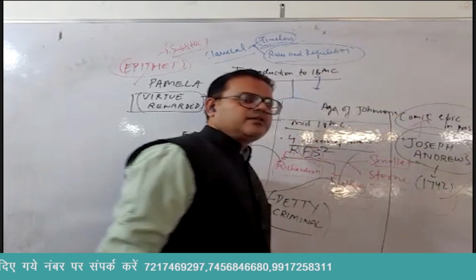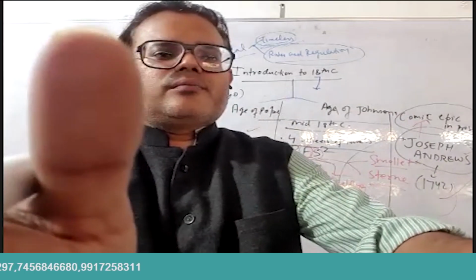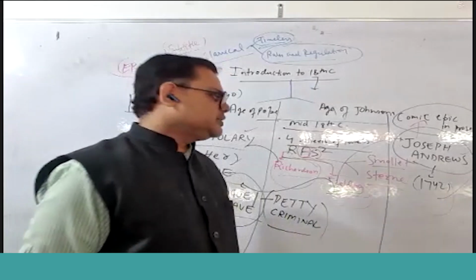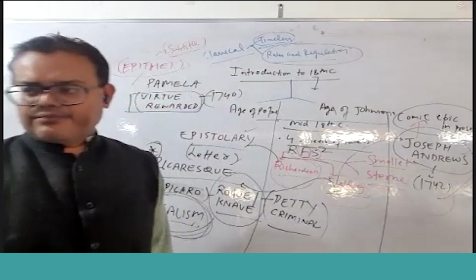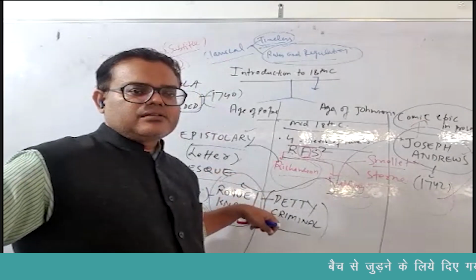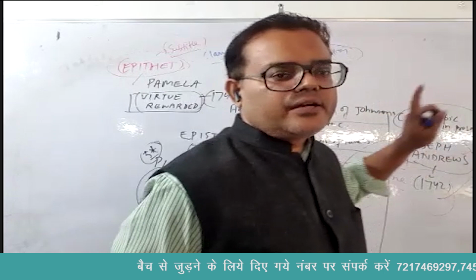They should not be written for morality, unlike Richardson. Richardson thought that moral novels should be written for morality. Fielding did not agree. He said that novels should be realistic, novels should be comical in nature. They are there for entertainment.